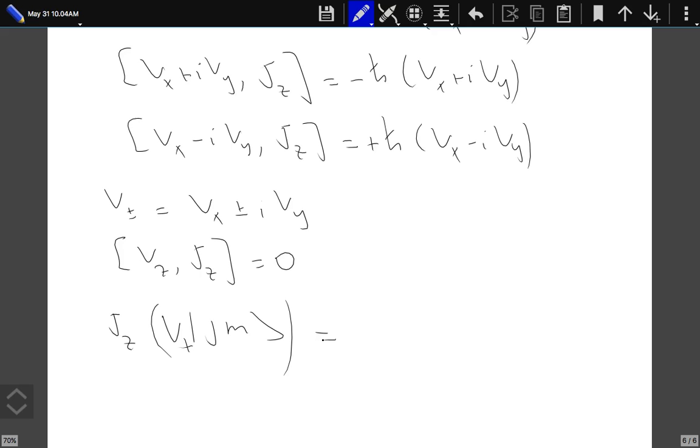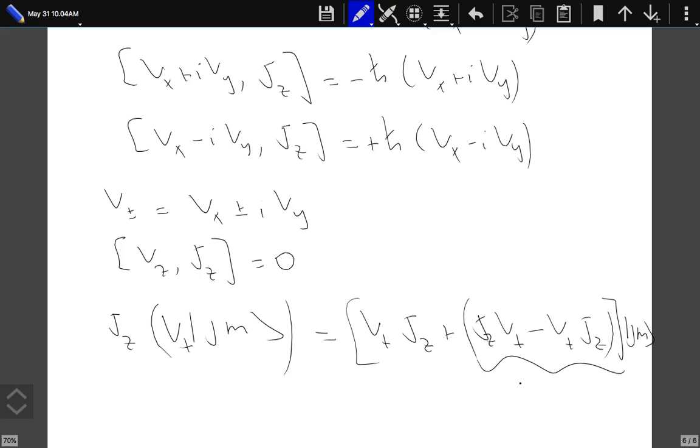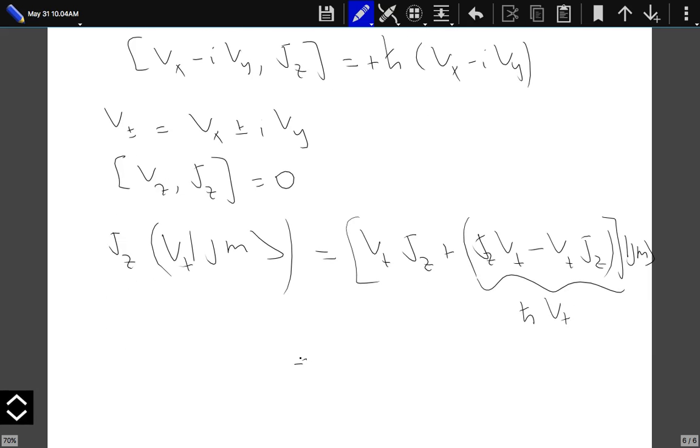Well, Jz V plus acting on the ket will be equal to V plus Jz plus Jz V plus minus V plus Jz, acting on the same ket. I just added and subtracted V plus Jz. Well, the commutation relation just tells me that this is h bar V plus.